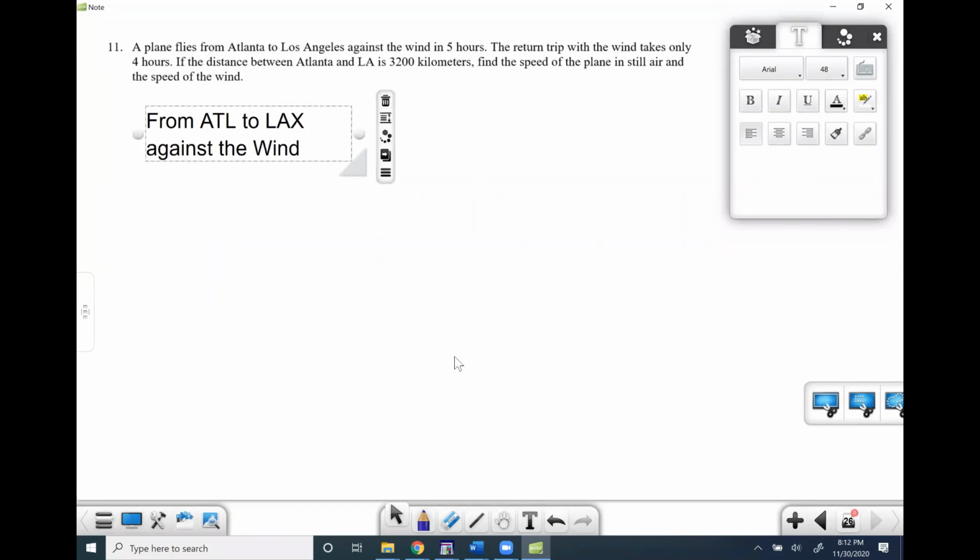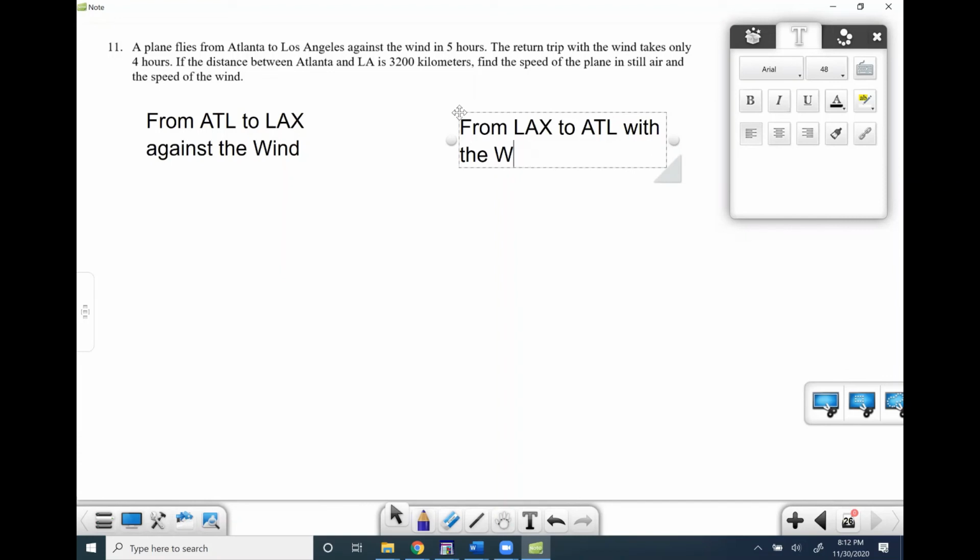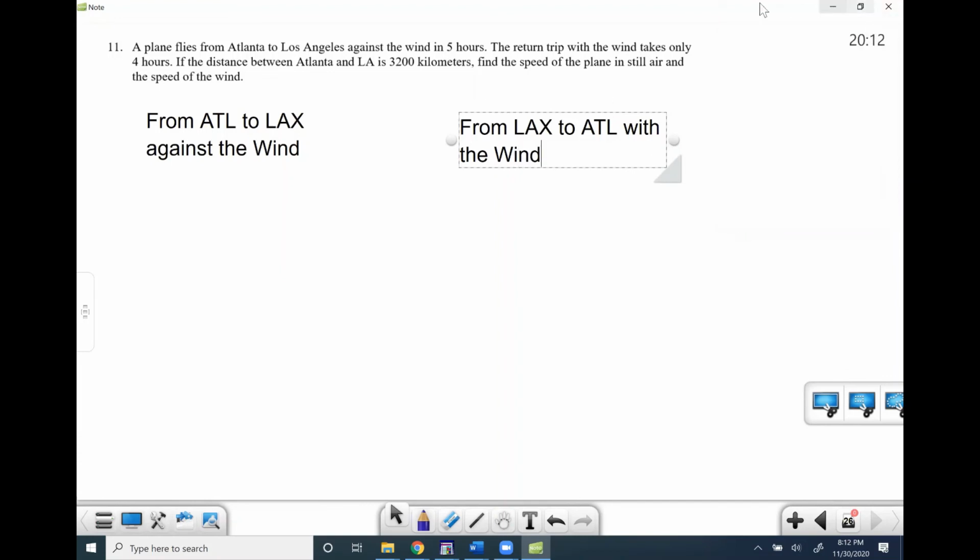The return trip with the wind. So from LAX to ATL with the wind. Okay. All right. So these are our two trips.